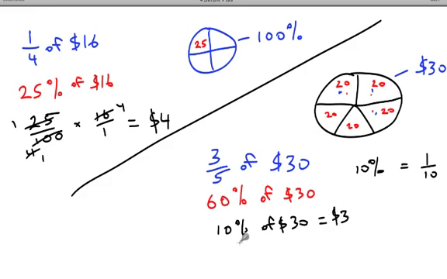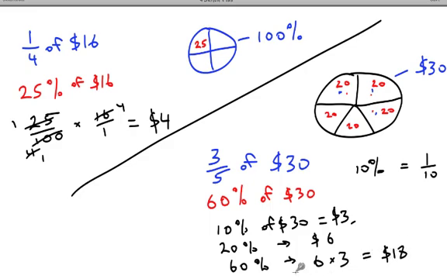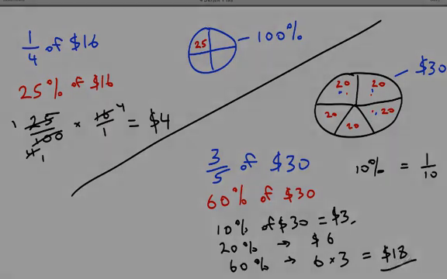So 20% is 6. And 60% must be 6 lots of 3, and that's 18. So that's one of the easiest ways of working with percentages to get the same answer that we had before.